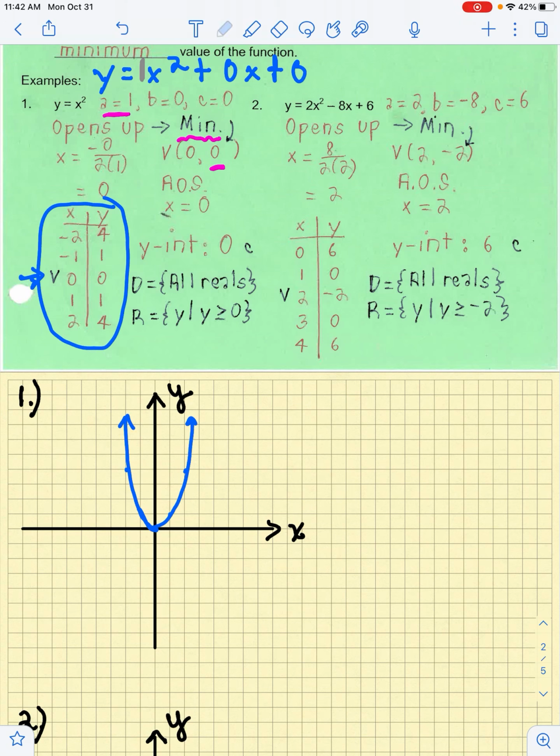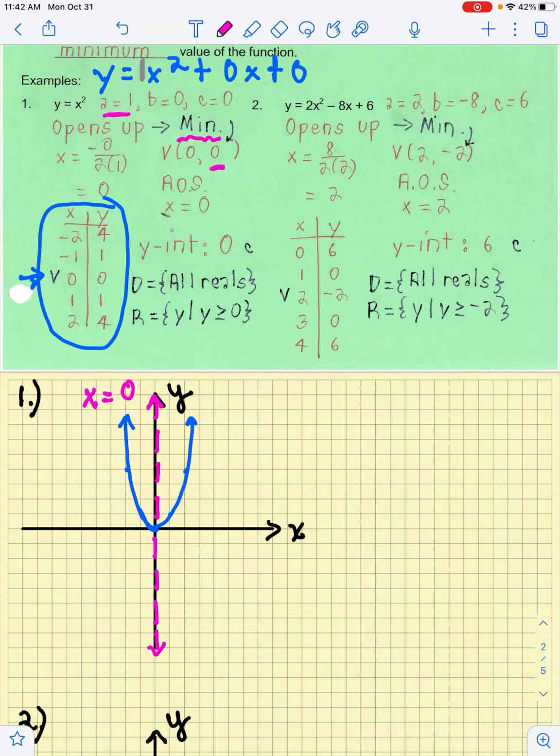As far as the axis of symmetry, normally I would draw that as a dashed line, and the axis of symmetry here is x equals 0, because that's the equation for the y-axis, and that's what we got up above.